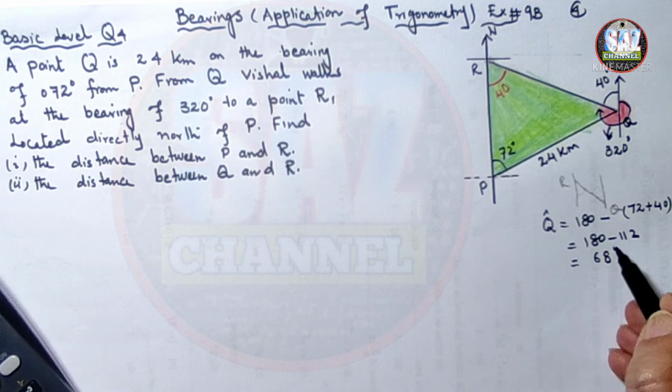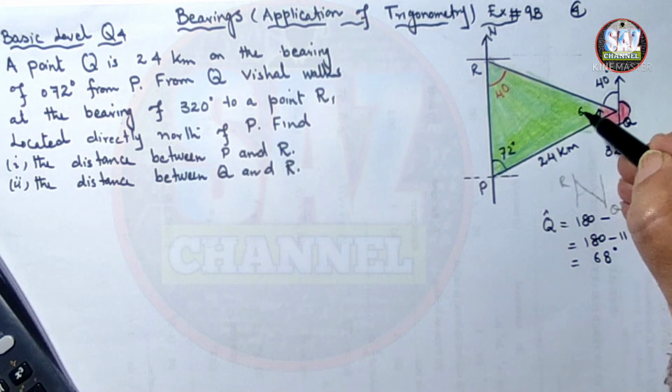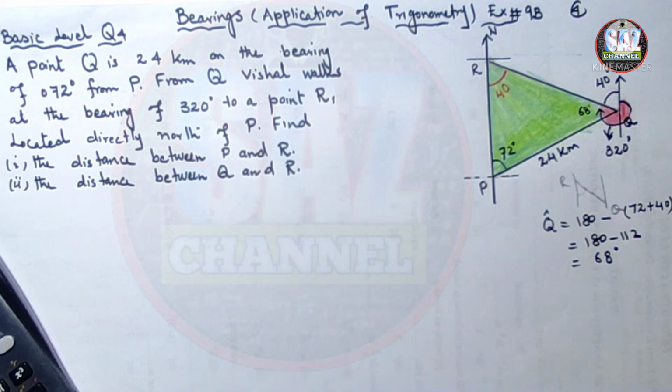So the internal angle of the triangle at this place is 68 degrees. I hope you are really clear how we are finding all angles of the triangle, either by the sum of interior angles of a triangle or by alternate angles.